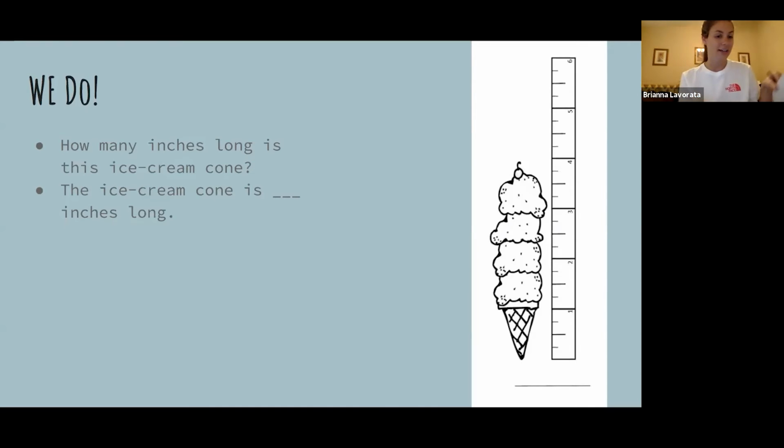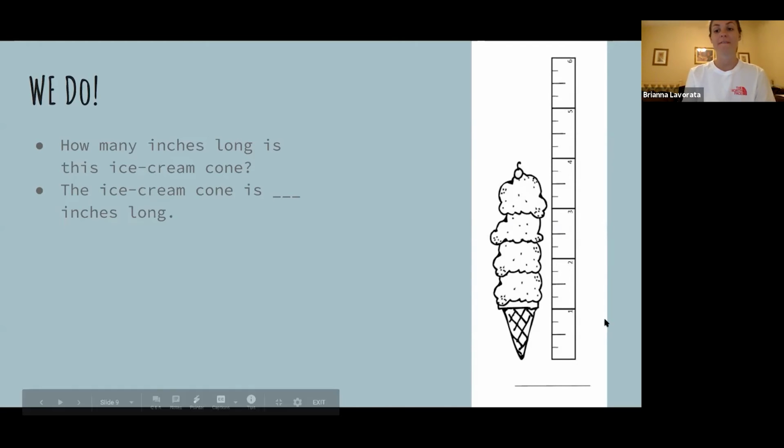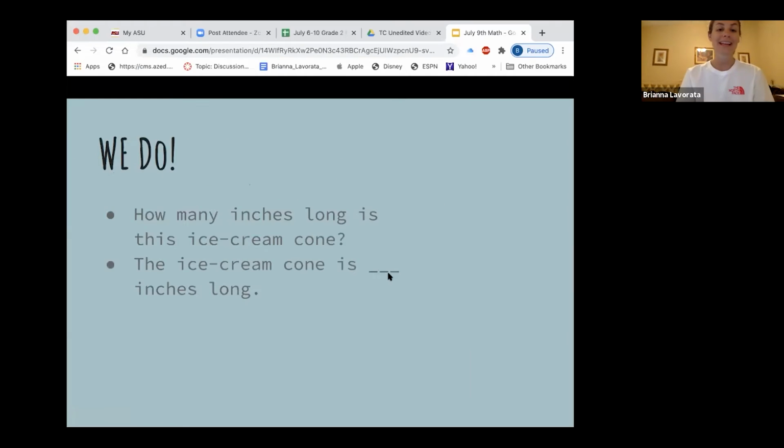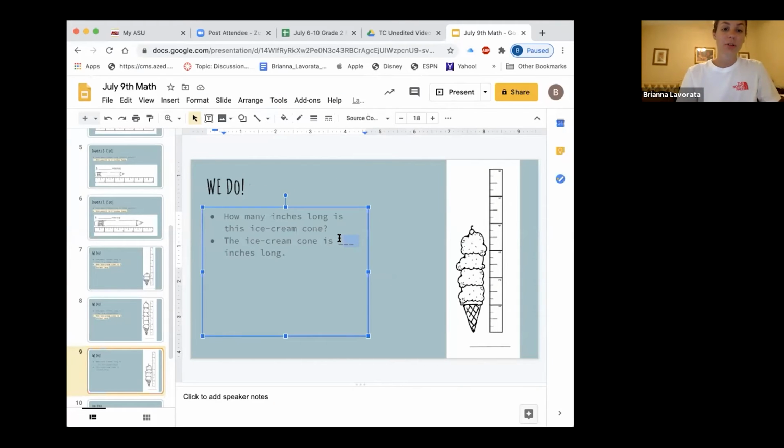Now let's start. So our measuring tool for this one, what is it called again? It is this item or this object right here. It's called a ruler, and we are going to start at the very bottom here. So we have 1, 2, 3, and about 4 inches long. So we can say here, the ice cream cone is 4 inches long, right? 4 inches long.